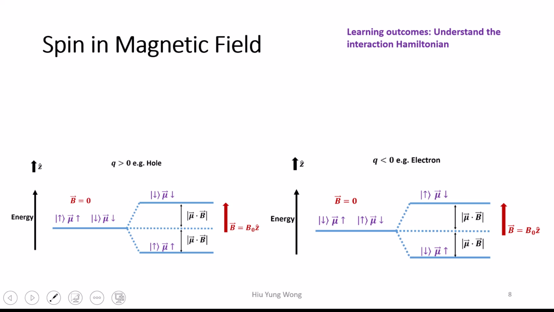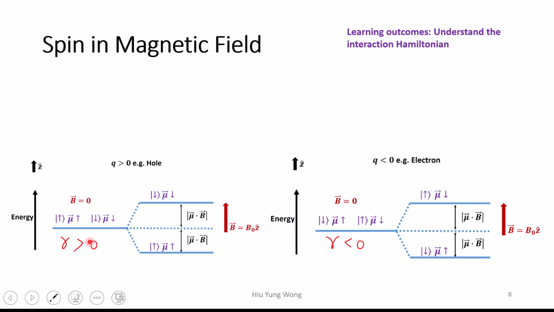It is wrong, but think about mechanical. So the angular momentum is pointing down, right? But how about the magnetic moment? It should point up, right? Because the gyromagnetic ratio is smaller than 0 for the electron. Okay? That is the first thing.